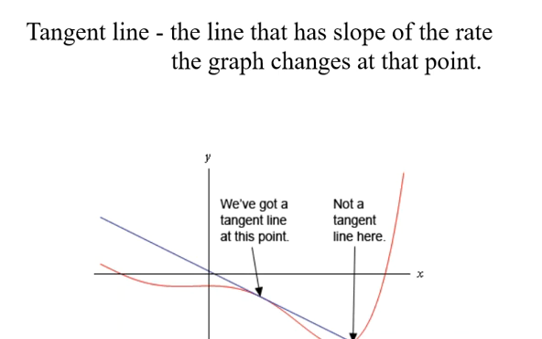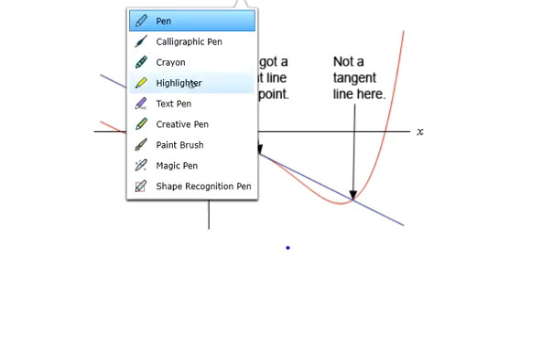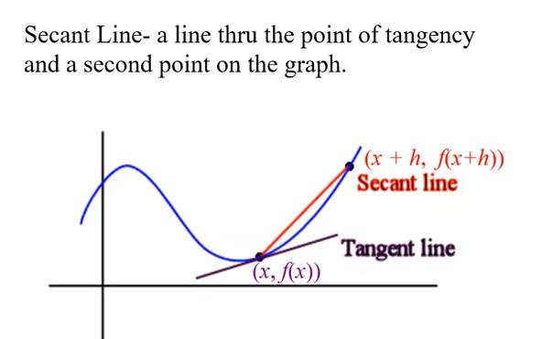So on this particular graph, I'm going to switch to highlighter. Right here, it's considered a tangent line. But even though it intersects the curve again over here, that is not considered a tangent line there. It's only considered a tangent line in reference to that point of tangency that determined the slope.